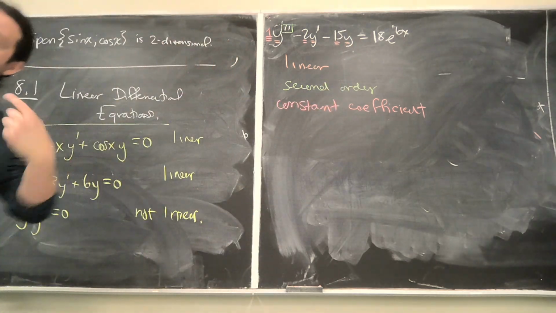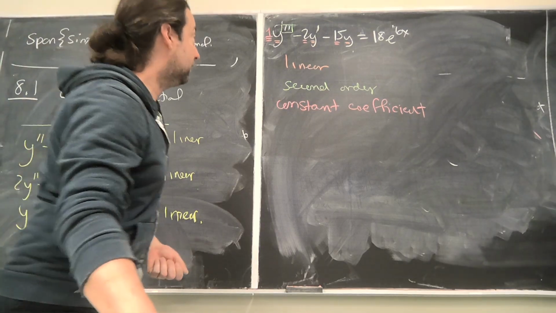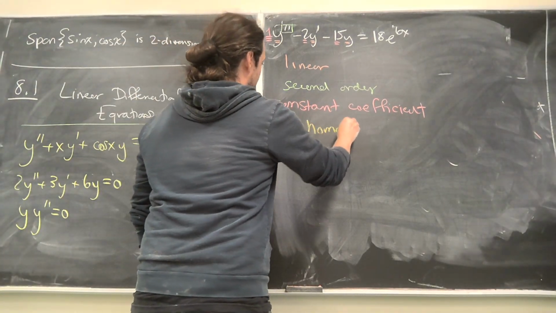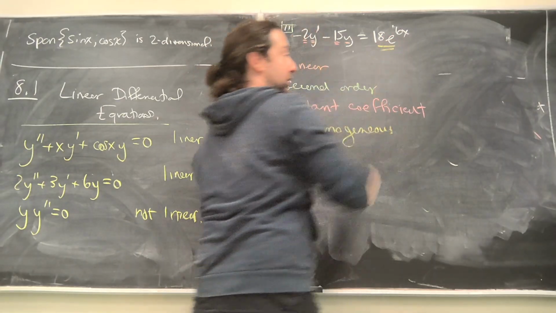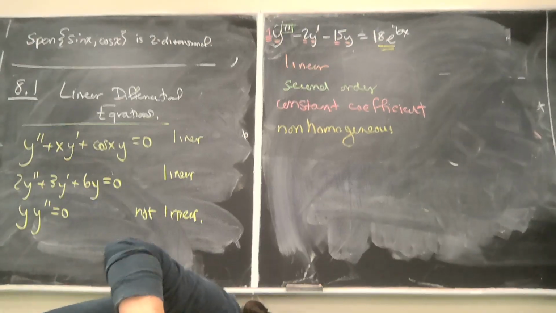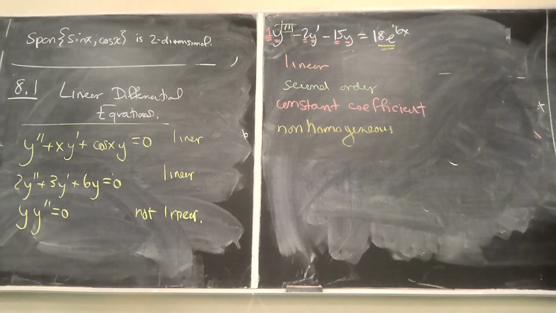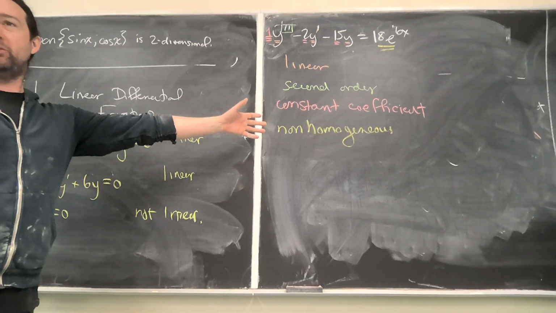The things we've multiplied the derivatives of y by are not functions. And then finally, it is non-homogeneous, because there's some stuff over here that's not 0. So basically, the study of differential equations boils down to throwing enough adjectives at the problem that you know what to do.